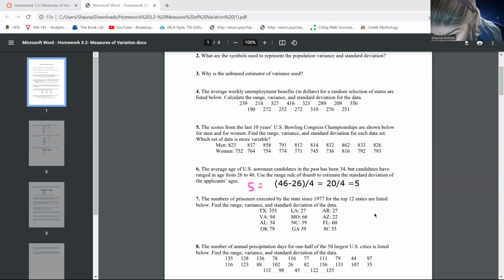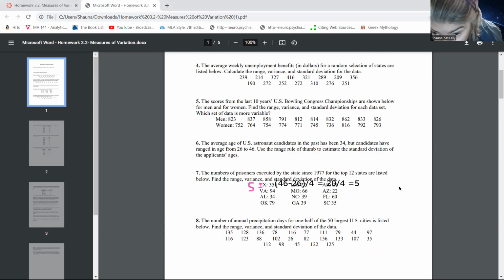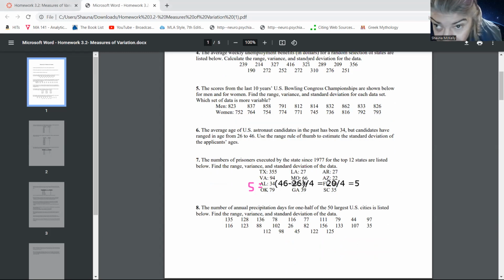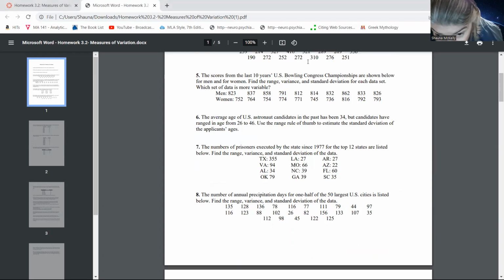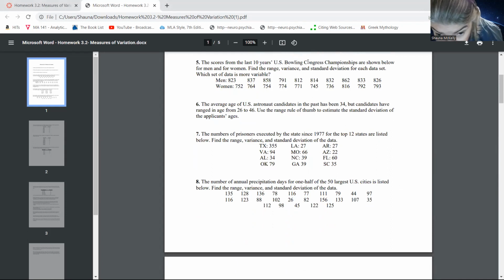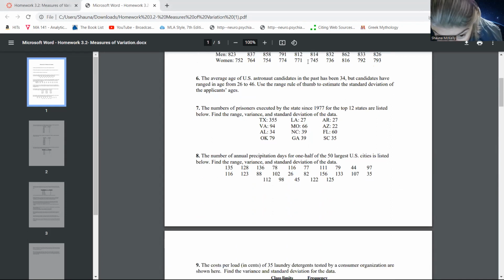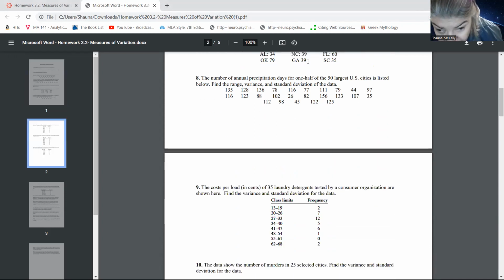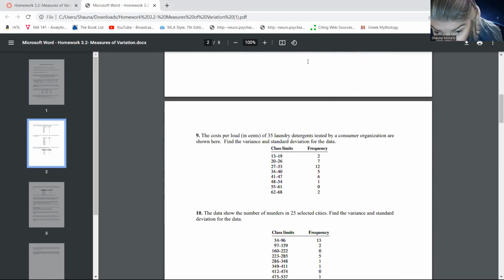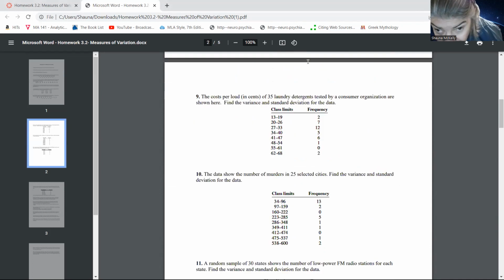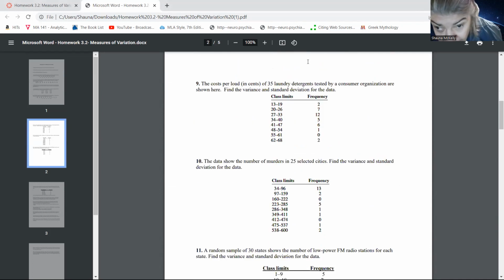Now, let me continue. Let me take this off the board. The number 8 is the same. The number of precipitation days, find the range, the variance, the standard deviation. Again, just like number 4. When you get to number 9, I don't have a dedicated video for it, but I will put one up.